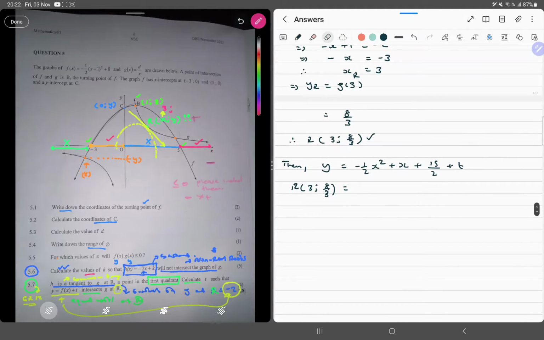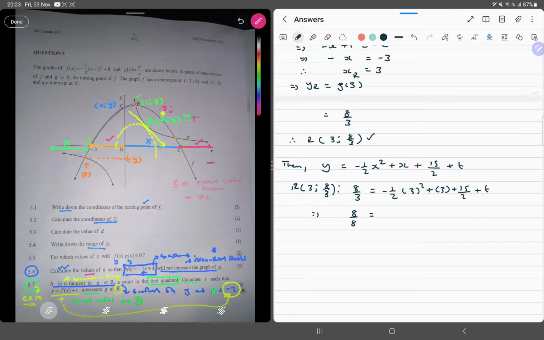8 over 3 is going to be minus half of 3 squared plus 3 plus 15 over 2 plus t. Very complex equation. 8 over 3 is equal to, now let's sort this one out. This is basically 9. Okay, let's just do all of that nicely.